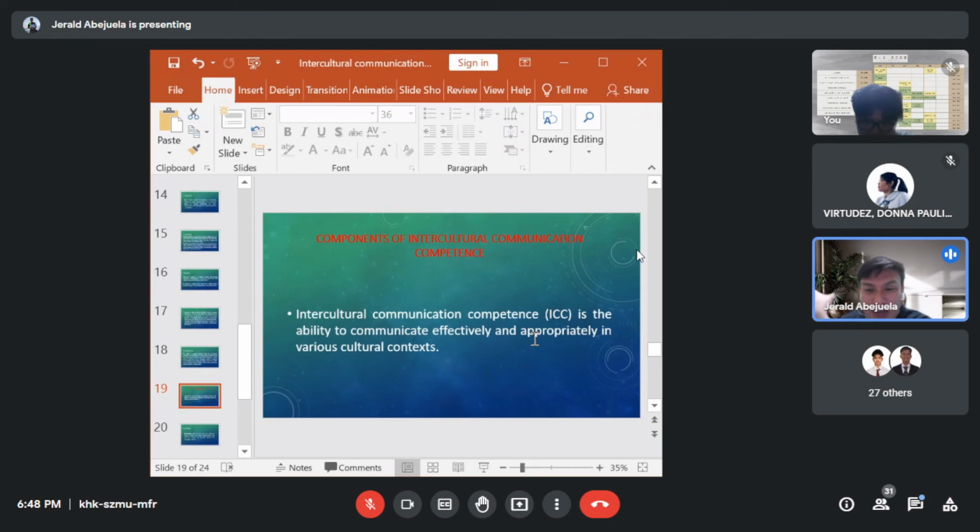If communication is still possible despite those differences, despite those diversities, then you have that ICC, or you have that intercultural communication competence. So meaning, kapag ikaw ay nakakapag-communicate pa rin sa ibang tao, kahit iba yung kanyang pananaw, iba yung kanyang relihiyon, iba yung kanyang gender, iba yung kanyang tradisyon, iba yung kanyang paniniwala, then you possess that ICC, or that intercultural communication competence.